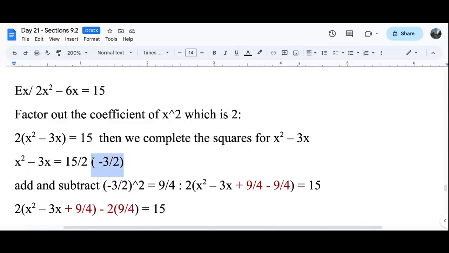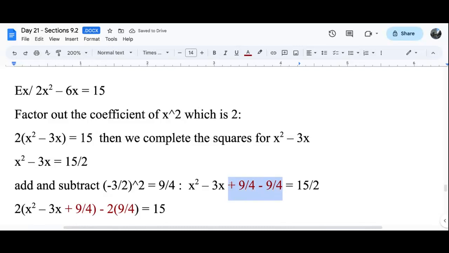When we square this number, we get 9 over 4. Let's put the divided by 2 on the other side, that'd be easier. Now, does it make sense why we add 9 over 4 and subtract 9 over 4?